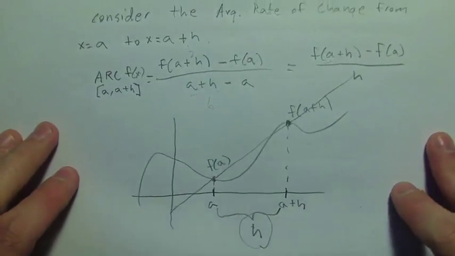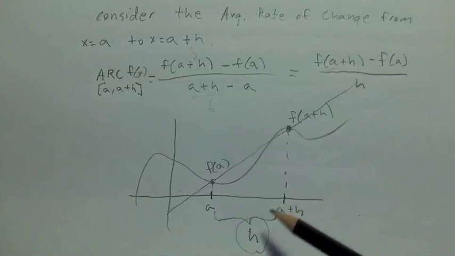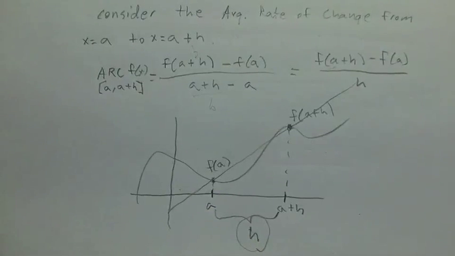So what this particular way of writing it does is it actually rewrites the average rate of change in terms of the distance between a and a plus h, the length of the interval. Right?